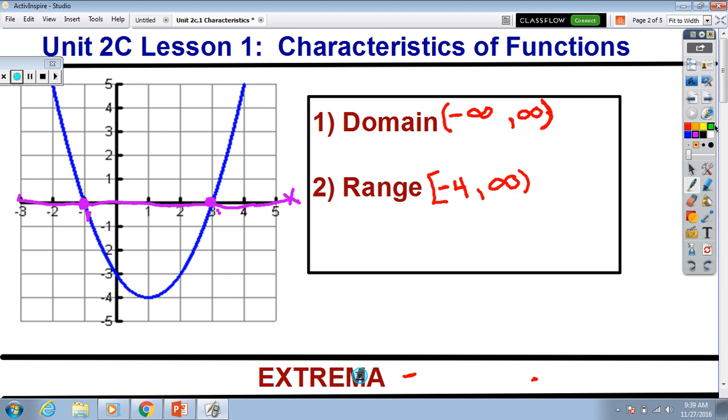Okay? Now the y-axis goes straight up and down, and this is the one you're most familiar with because we did this one with y equals mx plus b. So the point where it hits the y-axis, and we're still talking about the blue line, is right here at -3.